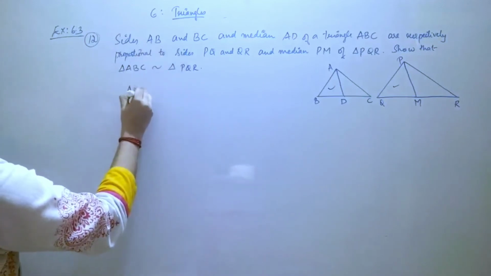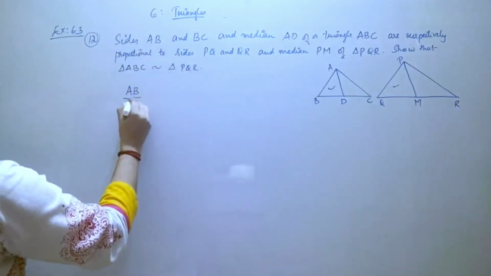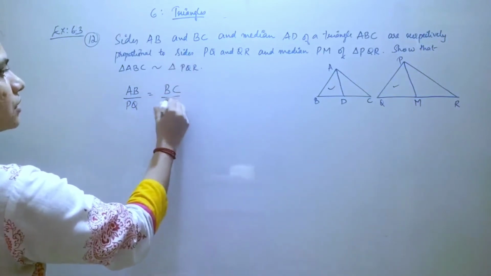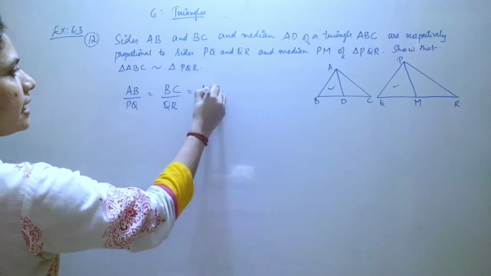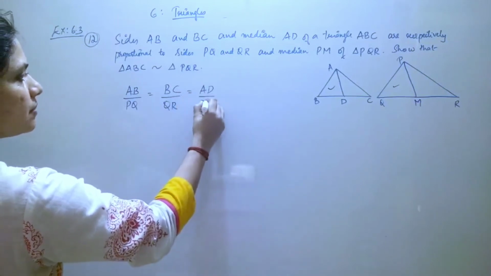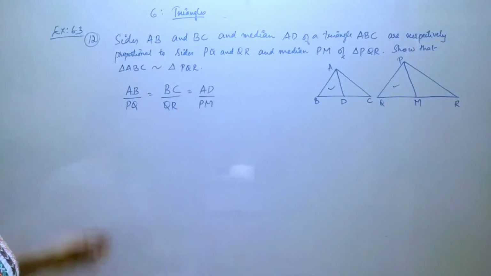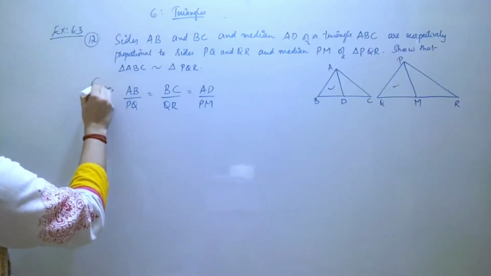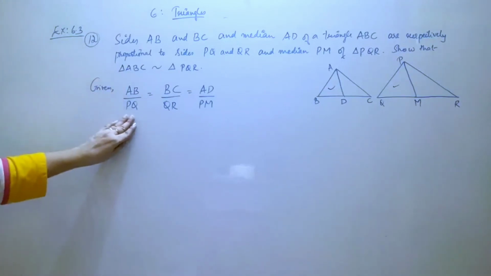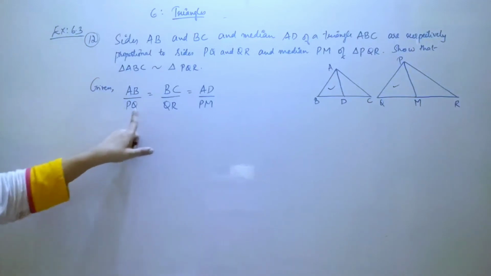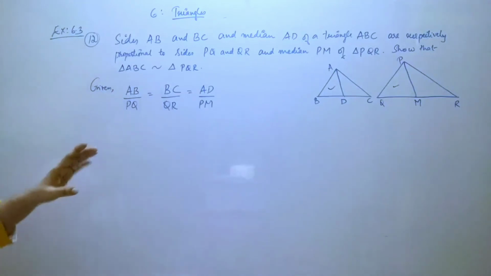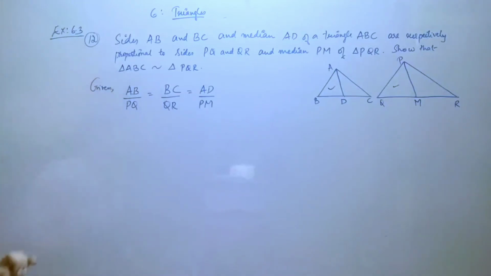Side AB with side PQ and side BC with QR and AD, median AD with median PM, they are proportional. So you will get this one, and this is given in the question. Okay, now what we are doing is, we are just taking the same ratio, but if we are multiplying and dividing with the same number, the ratio's value will not change.